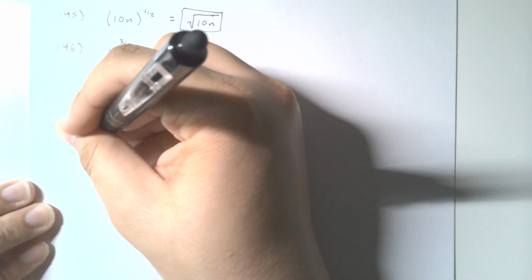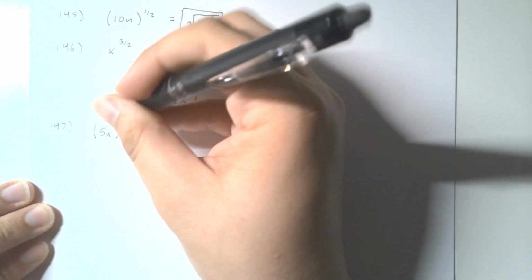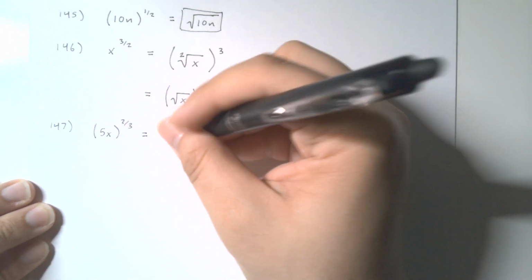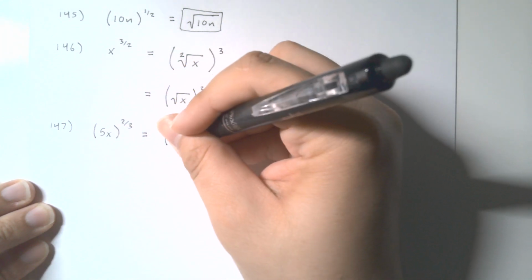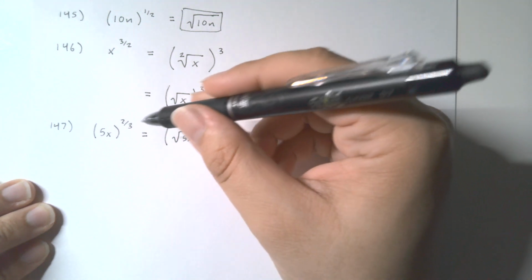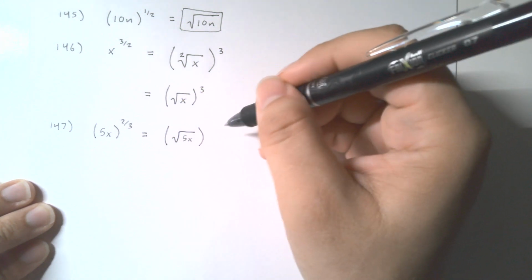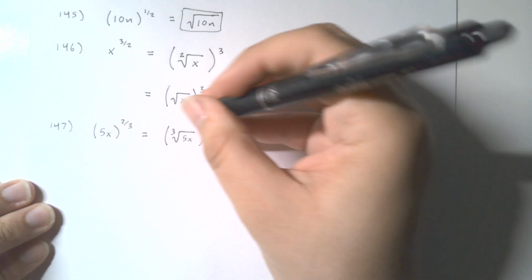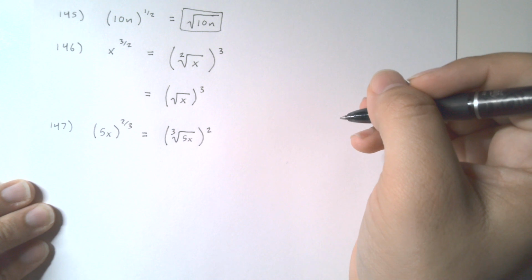For the next one, we have 147, and that one is 5x to the power of 2 over 3. So rearranging this, we have root 5x, and let's put our numbers m and n in their respective spots. Number on the bottom is your index, number on the top is your exponent.